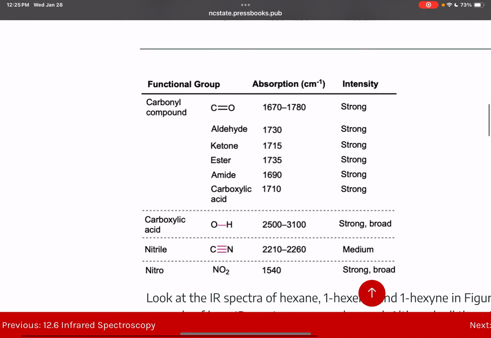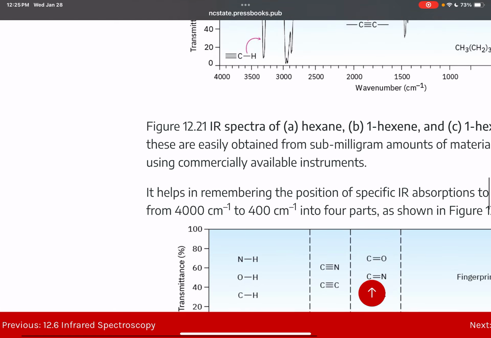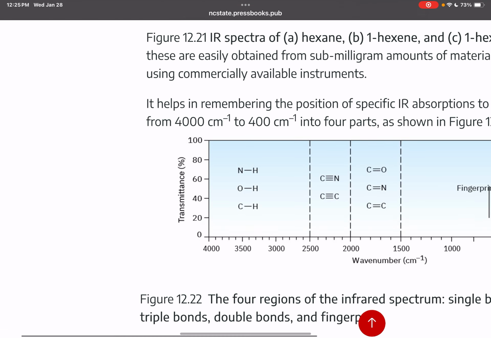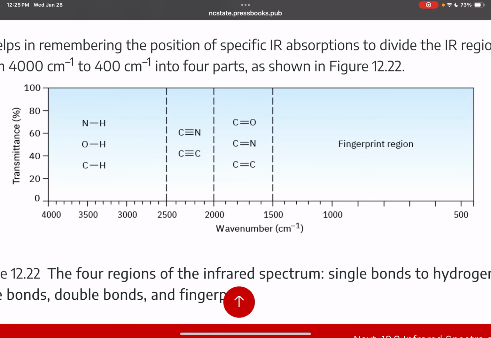Now, in general, we can start making some statements about where things show up on the spectrum. So you can see here that from the region from 4,000 down to 2,500, we're looking at single bonds. So that's nitrogen-hydrogen, oxygen-hydrogen, or carbon-hydrogen single bonds.